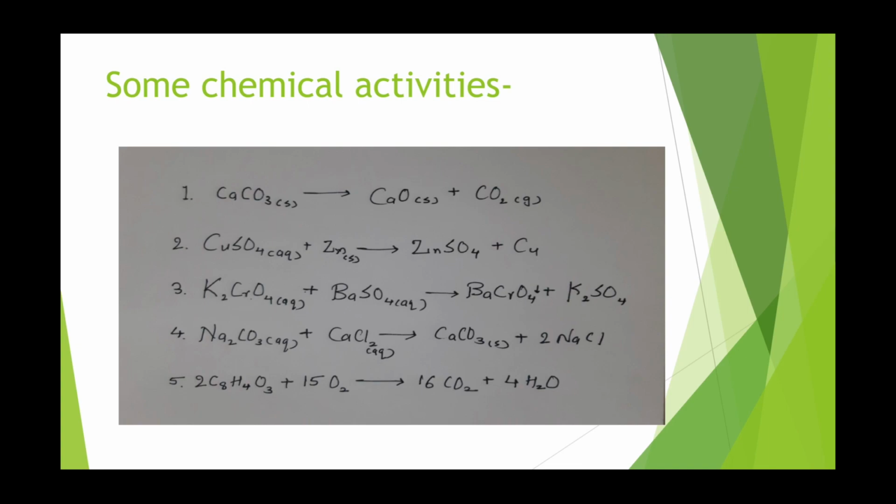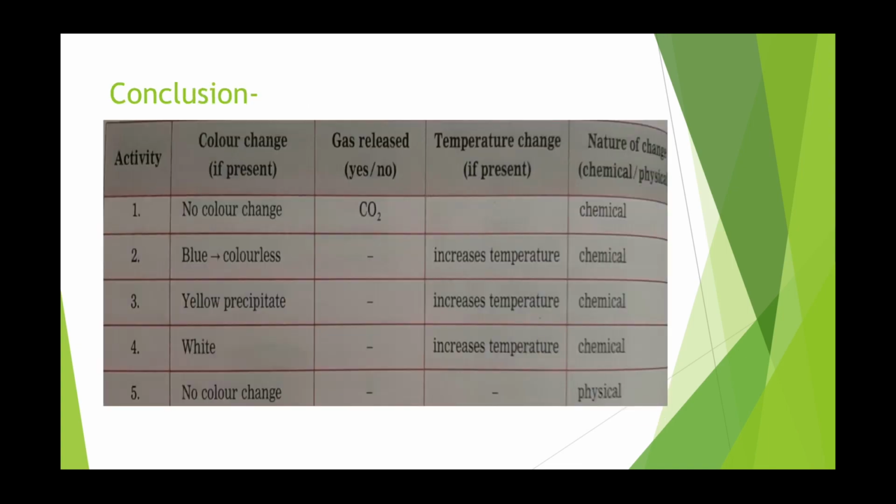From all these reactions, we can have these conclusions. You can have a look at this chart. Here, for all the 5 activities which we have performed, the conclusions are written regarding the color change, the gas release, the temperature and the nature of change, that is, its type, chemical or physical change.